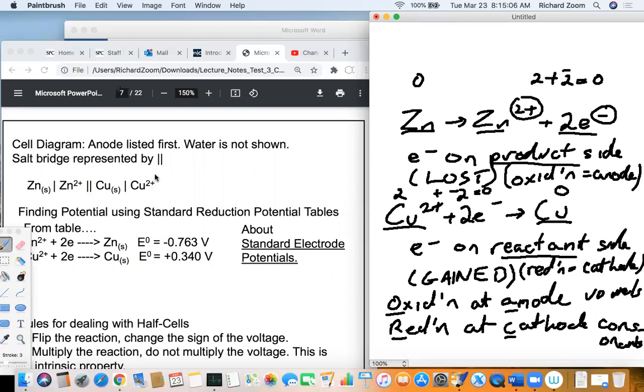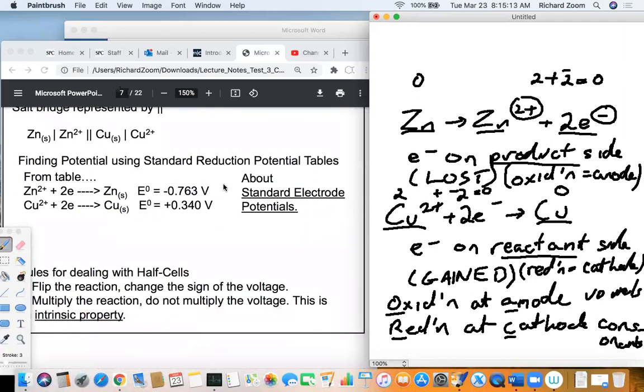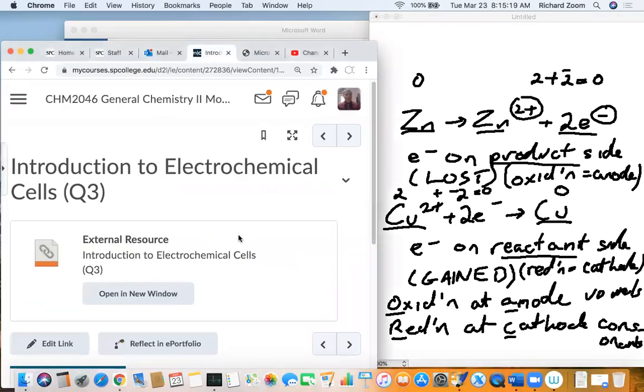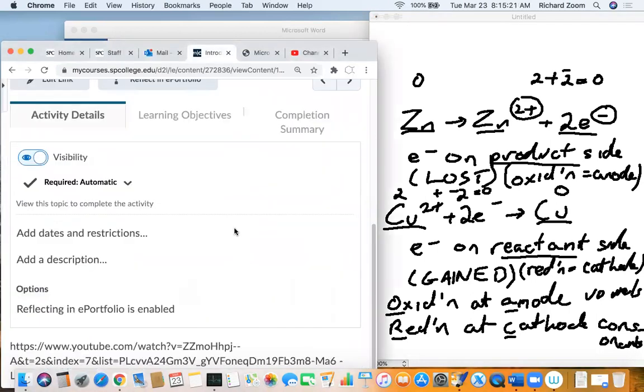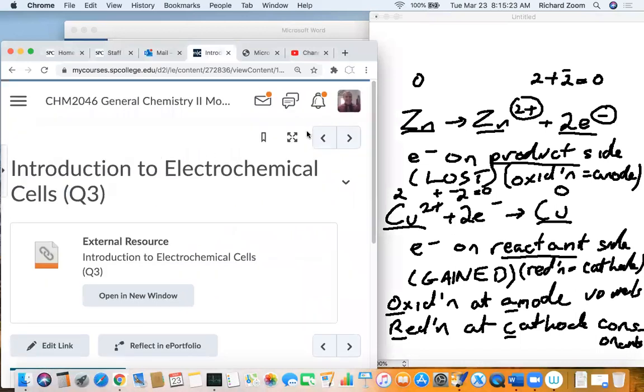Now, how is that useful to us? Well, we also have at our disposal something called a standard reduction electrode potential table, and you have access to this as well. Let's go back to that.